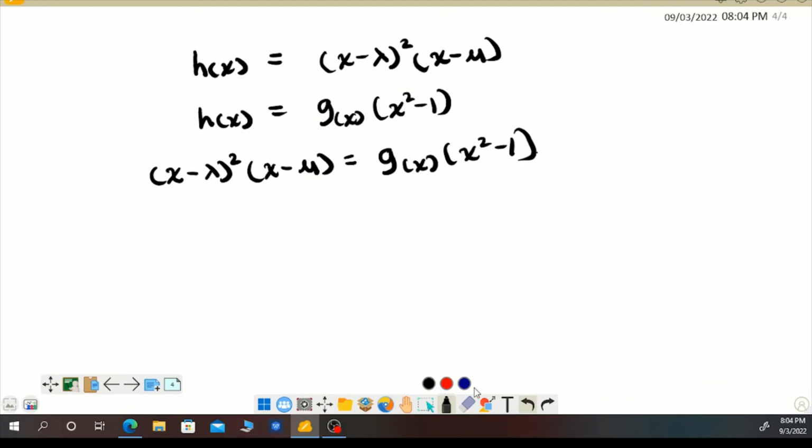By substituting the a, b, c values, it is x cube plus x squared minus x minus 1. I write x squared minus 1 first. Then I can predict the expression for the gx, right?